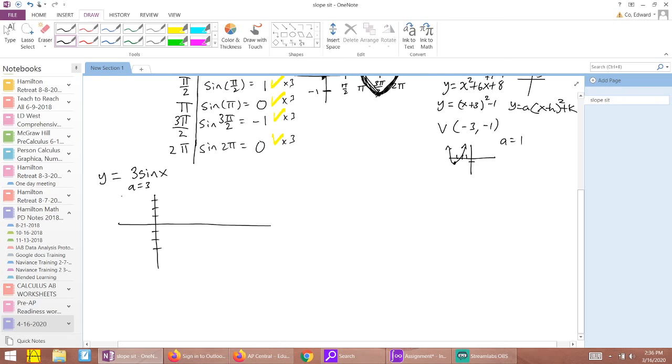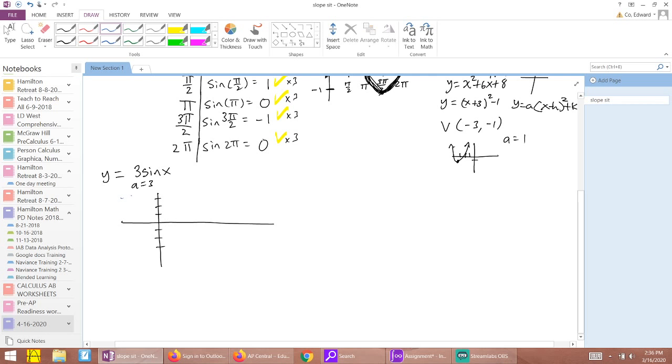I'm going to draw little dotted lines here at 3 and negative 3. And our period hasn't changed. This is still 2 pi. This is still pi. These are our tick marks. Remember we have 4 tick marks here.